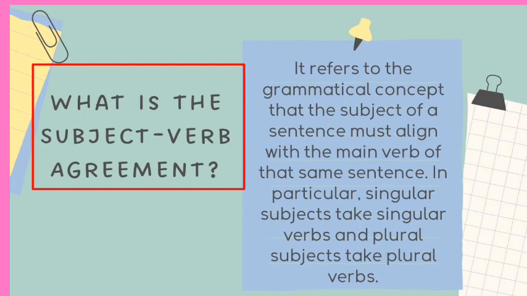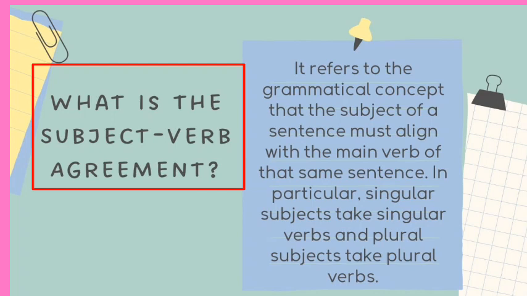It refers to the grammatical concept that the subject of a sentence must align with the main verb of that same sentence. In particular, singular subjects take singular verbs and plural subjects take plural verbs. Thank you, Ms. Sakshi.